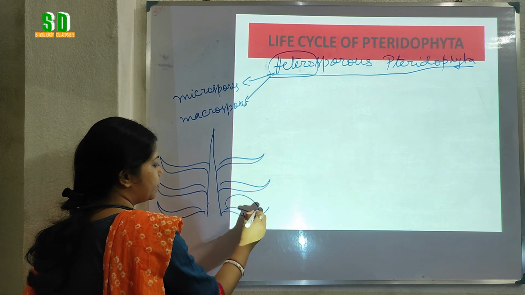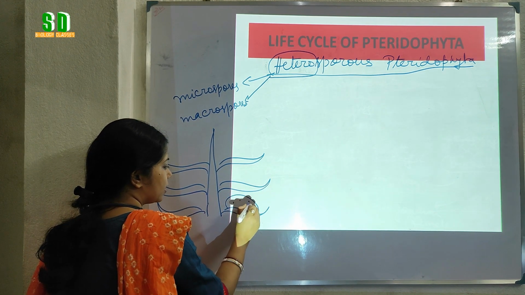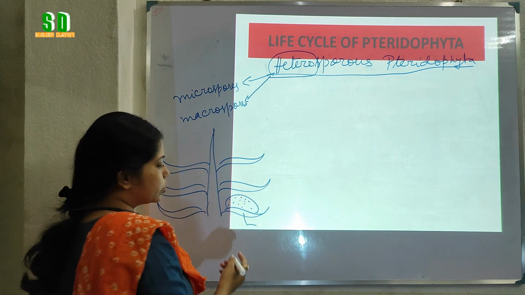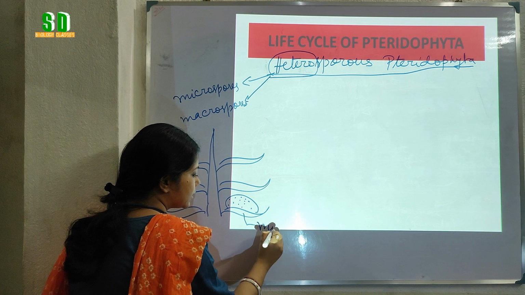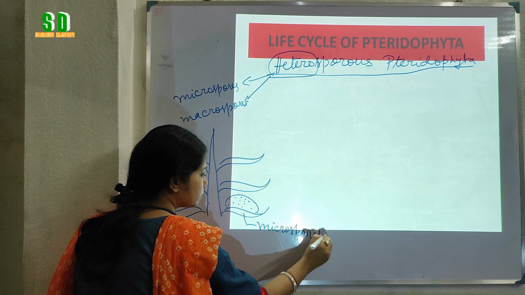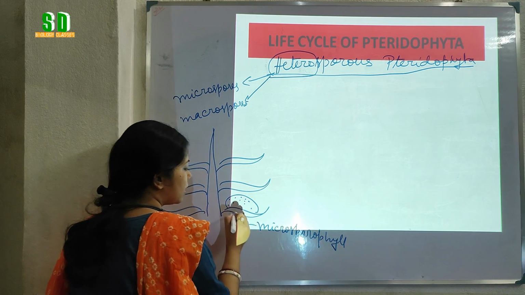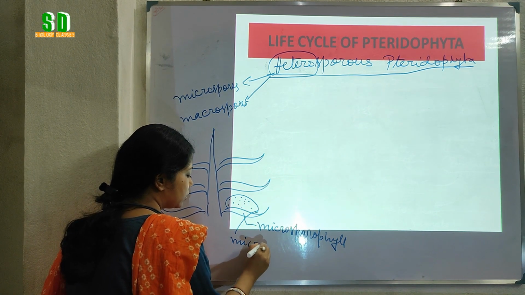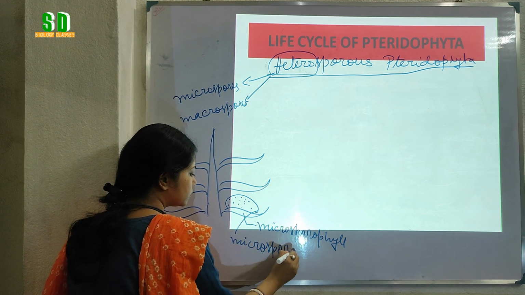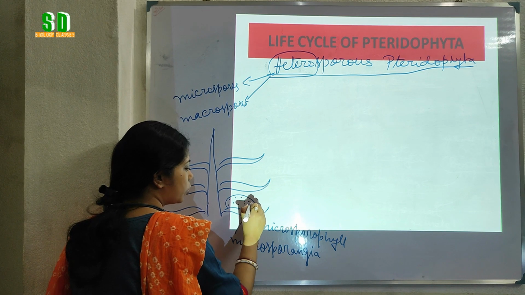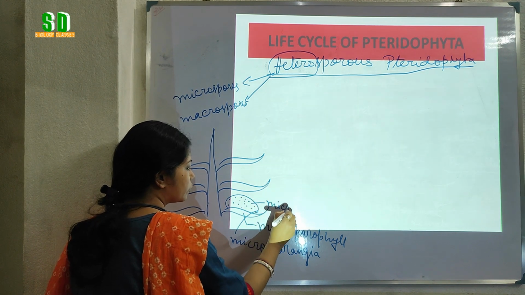If the sporophylls bear the sporangia that contain microspores, then the sporophyll is called the microsporophyll, and the sporangia are called the microsporangia, and the small size spores are called the microspores.